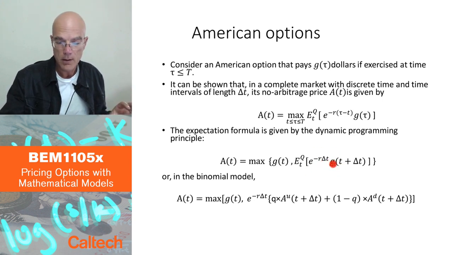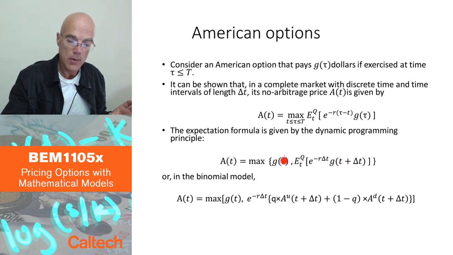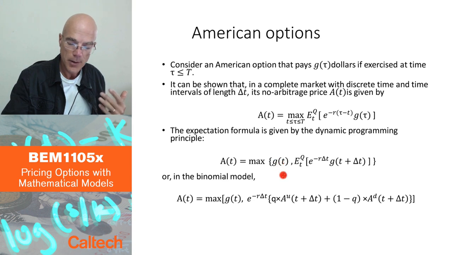So I compare that, the value of waiting, to the value of immediate exercise. Because g of t is by definition what I get if I exercise now and don't wait. So I'm comparing the value of waiting, the European type price, to the value of exercising right now.